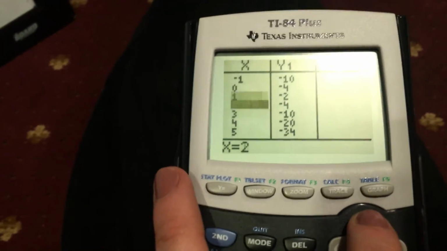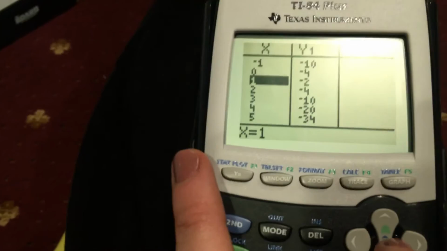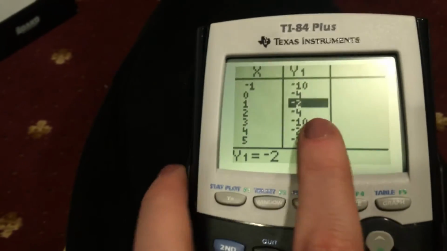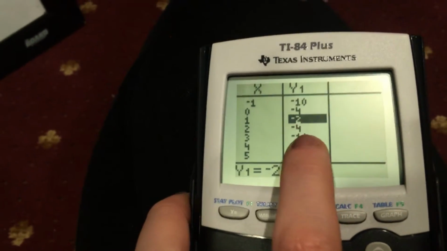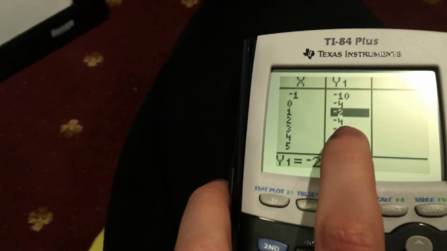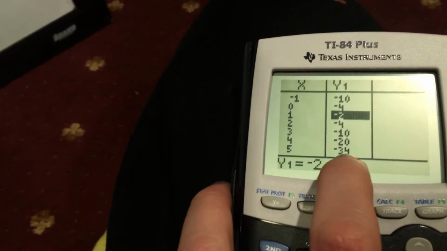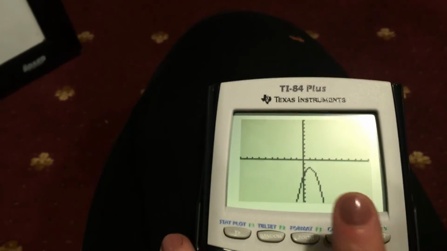If we look at our table, I found our turning point for this is 1, -2. That's the highest number because we have -2, then -4, which is lower than -2, then -10, -20, -34. So that's why that is a maximum.